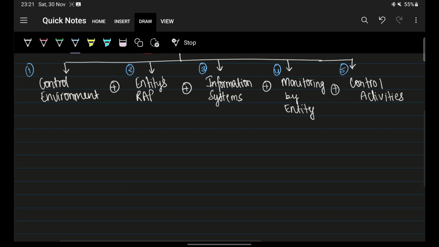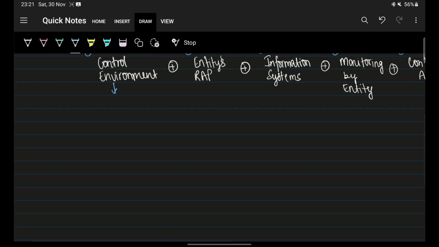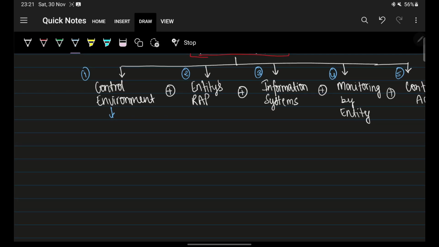So basically, control environment is how good the environment is. Is the management ensuring that honesty is maintained, right? So we're just going to have to check whether there's an environment of honesty, right?